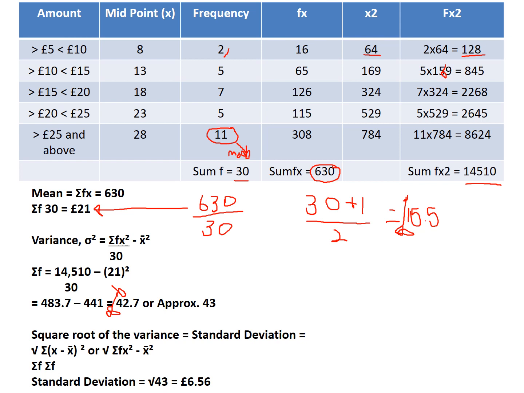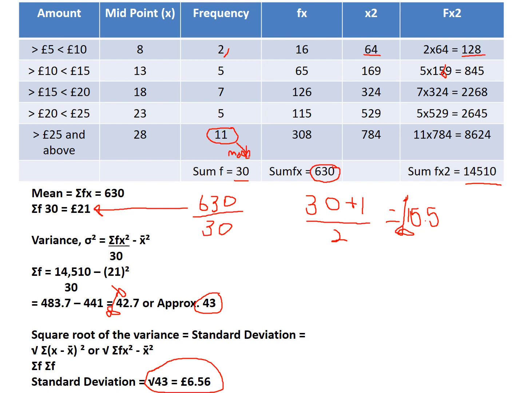all we do is we take the 43 and we take the square root of 43. So we already have 43 here, which we worked out as the variance. And to calculate the standard deviation, we simply take the square root of the variance, which gives us in this example £6.56.